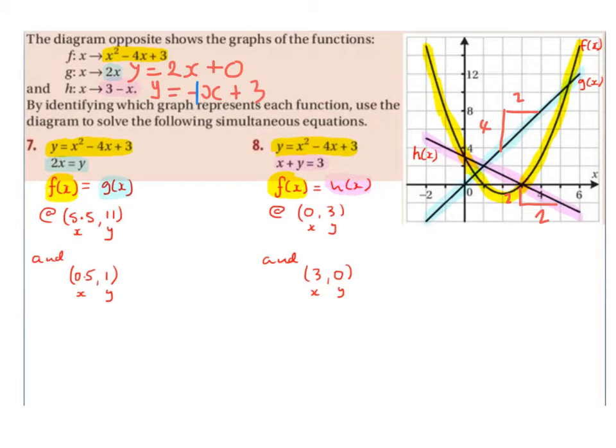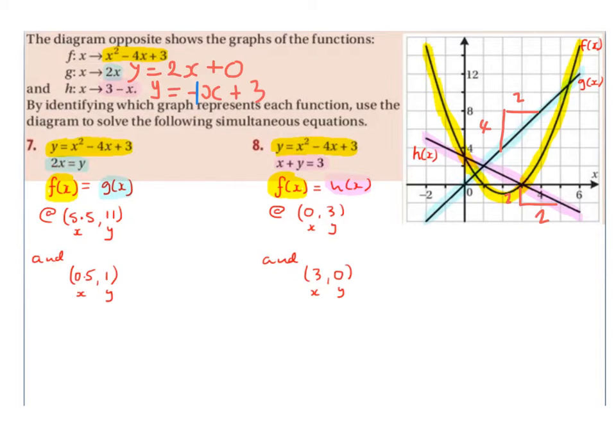So let's take f of x, which is x squared minus 4x plus 3, and g of x, which is 2x. Both of these graphs can be equal to y, so we can swap the f of x maps to for y equals, and we can swap the g of x maps to for y equals as well.